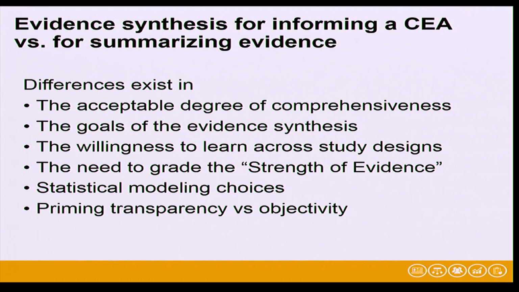There are differences in the acceptable degree of comprehensiveness, the goals of the evidence synthesis, our willingness to learn across study designs, whether we need to grade the so-called strength of the evidence, what sort of statistical modeling choices we make, and whether in the end we can actually attain objectivity or should we settle for transparency.